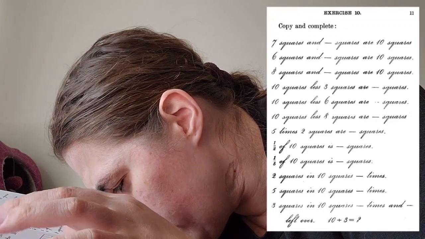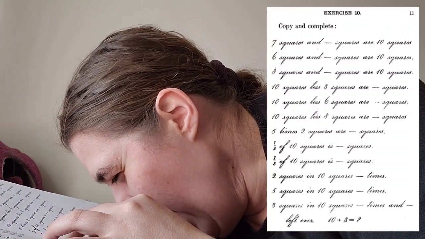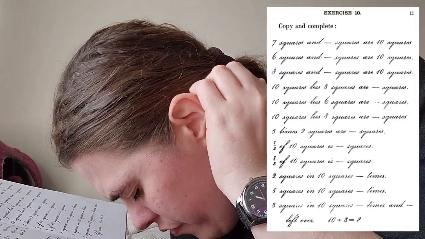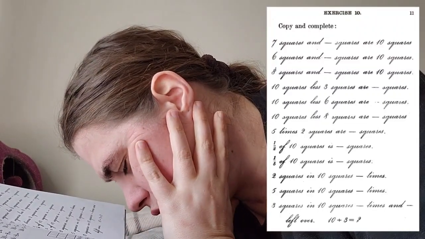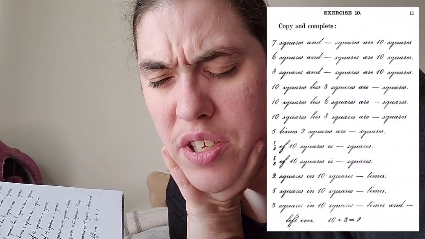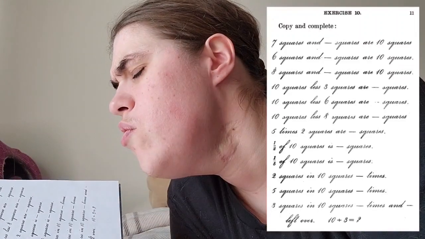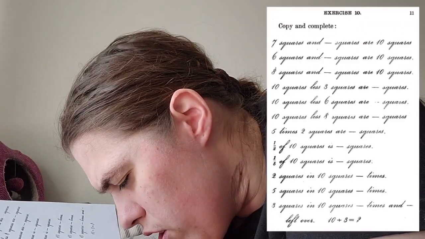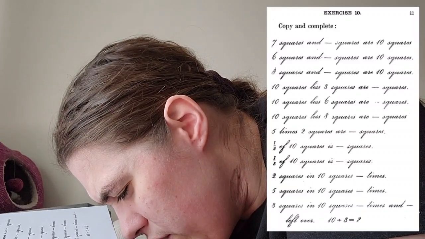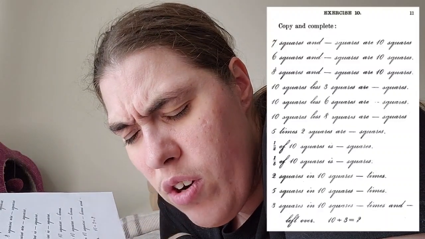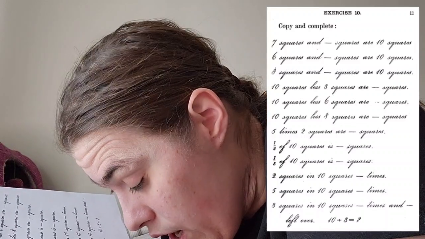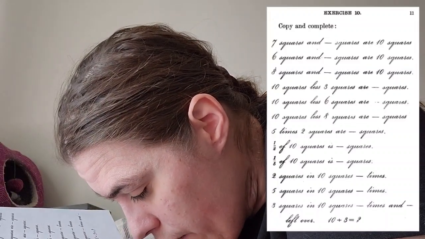Good question. 3 squares in 10 squares are... I can't think on it. 3 squares in 10 squares are 3 times, and then there's 1/10 left over.